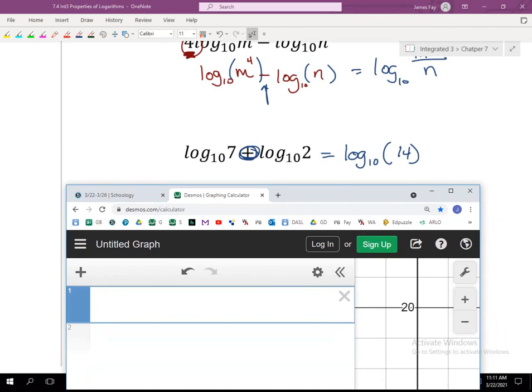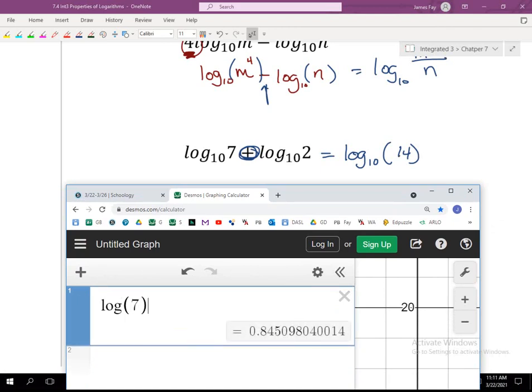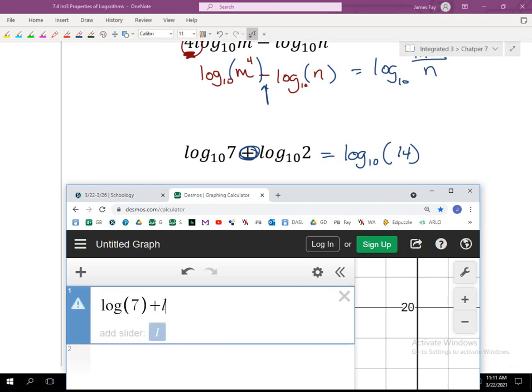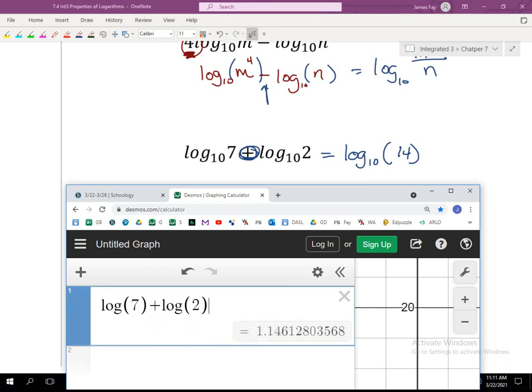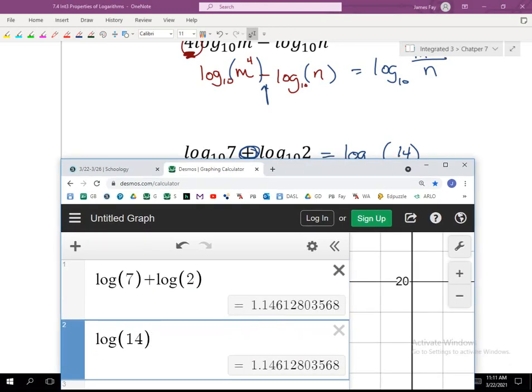If I don't write the base at the bottom, then it's going to automatically use 10 as the base. Okay with everybody? So log base 10 of 7 plus log base 10 of 2, does that end up being the same as log base 10 of 14? Are those numbers the same?